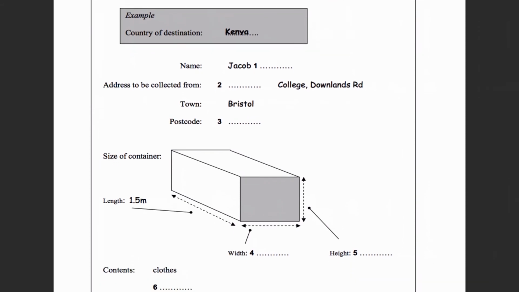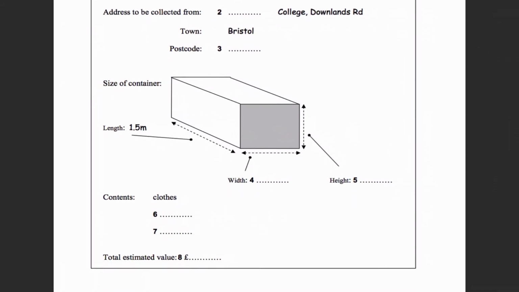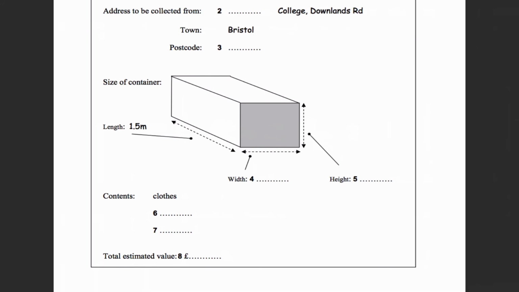Right. And I need to know the size. Yes, I've measured it carefully and it's 1.5 metres long. Right. 0.75 metres wide. Okay. And it's 0.5 metres high or deep. Great. So I'll calculate the volume in a moment and get some quotes for that. But first, can you tell me, very generally, what will be in the box?